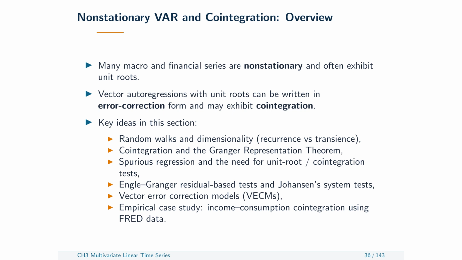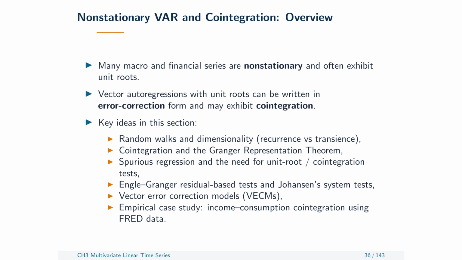Stability across choices strengthens the evidence, but never replaces identification. If you remember one thing from this lesson, let it be the line between propagation and identification. The moving average representation tells us how innovations map into future outcomes, and that part comes straight from the estimated dynamics.